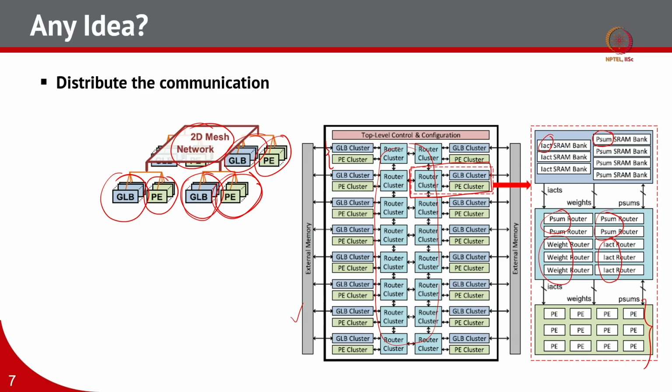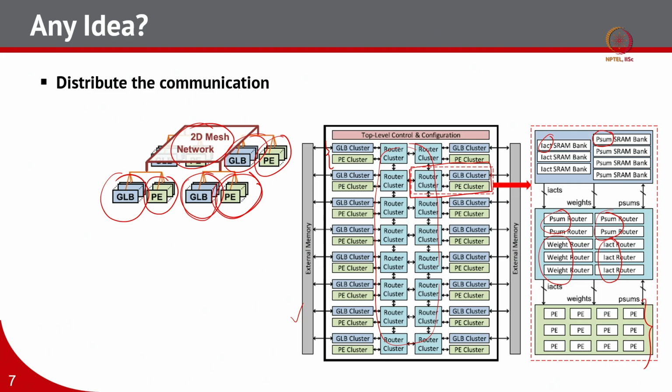Now, in Eyeriss V2, there are global buffer cluster, PE cluster and router clusters. All these global buffer clusters and PE clusters are connected through the router cluster. Inside the global buffer cluster, there are separate SRAM banks for input activation as well as partial sum. So, there is no conflict. There are separate buffers or separate memory for input activation and partial sum.